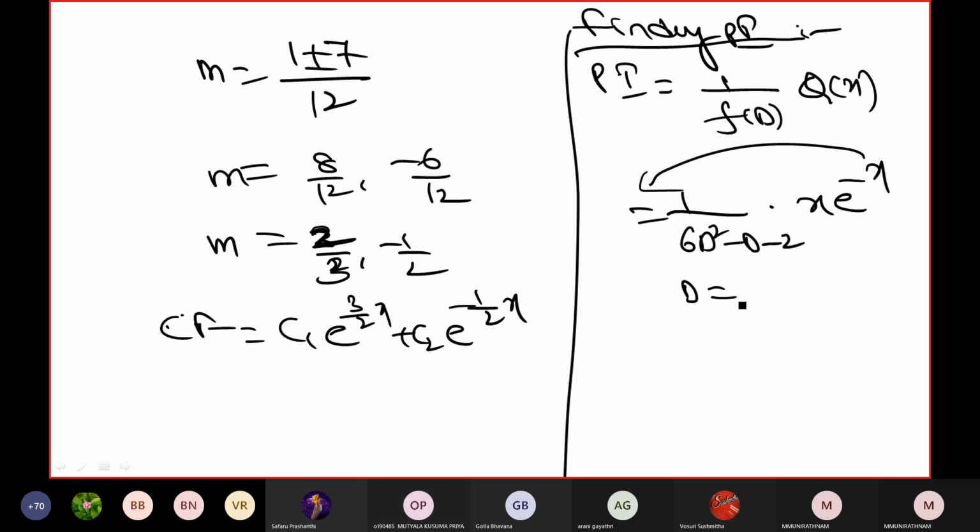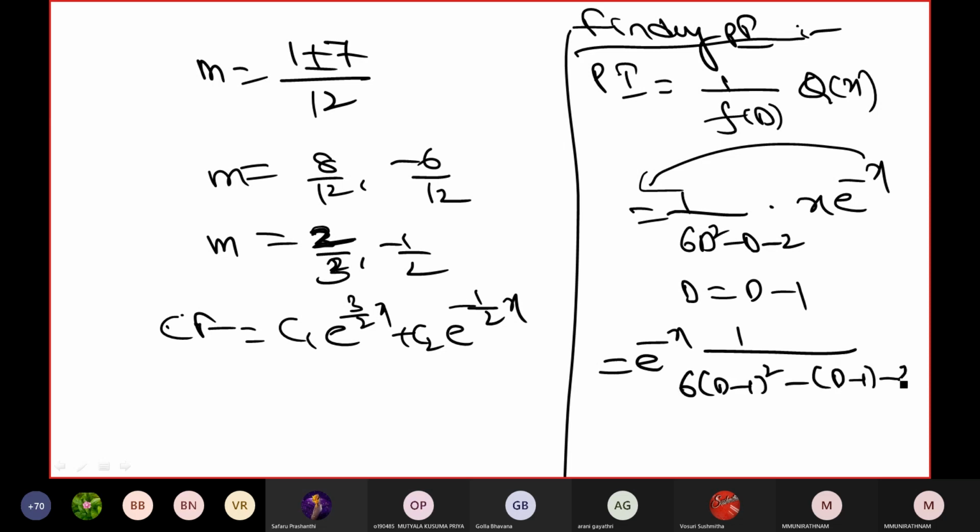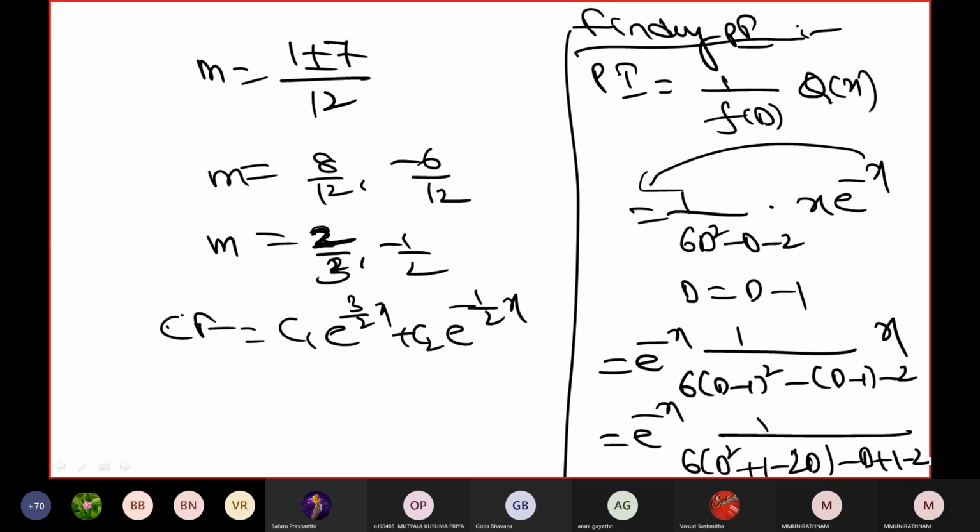D minus 1. Very good. 6 into D minus 1 whole square minus of D minus 1 minus 2. 6D square plus 1 minus 2D minus D plus 1 minus 2.